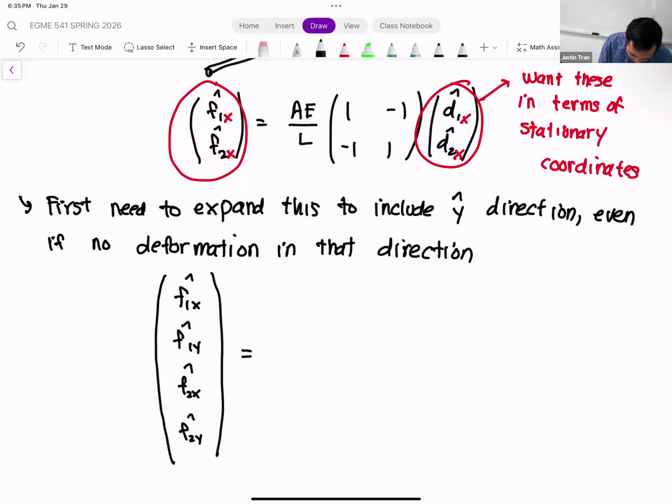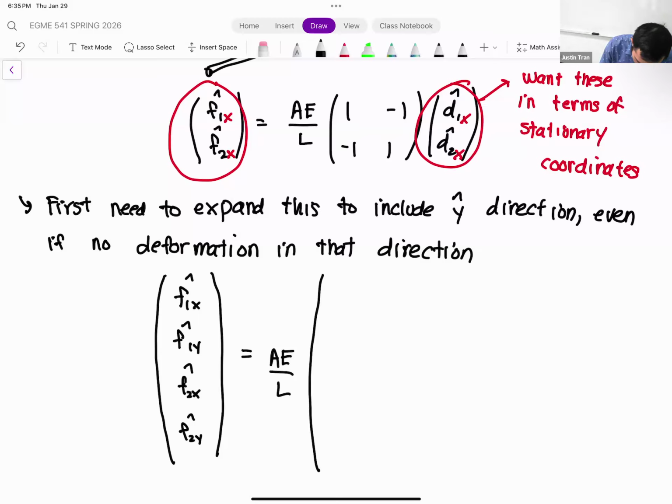And we're still going to have AE over L, our truss spring constant, out in front. Then we have our element stiffness matrix now. Remember, we're not going to have any deformation in the local y coordinate. We just need to include it in our calculations, so we fill in all the space with zeros.